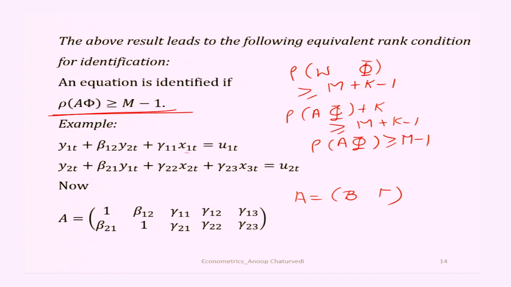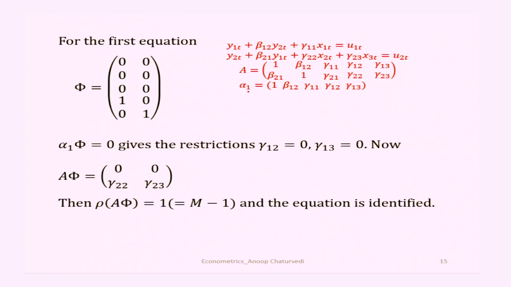and then you have the restriction gamma 1 2 equal to 0, gamma 1 3 equal to 0 in the first equation. In the first equation you have these two restrictions, and in the second equation you have the restriction gamma 2 1 equal to 0. So, this is for the first equation and this is for the second equation. Now, alpha 1 is equal to 1 beta 1 2 gamma 1 1 gamma 1 2 gamma 1 3.